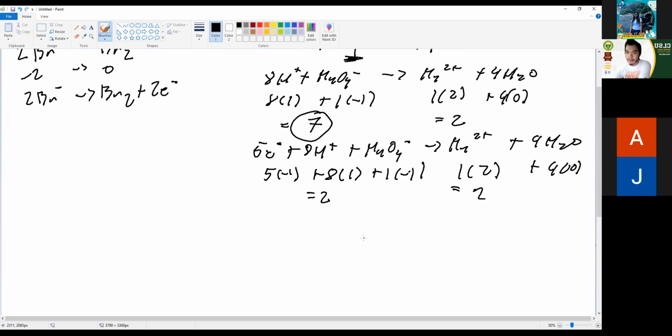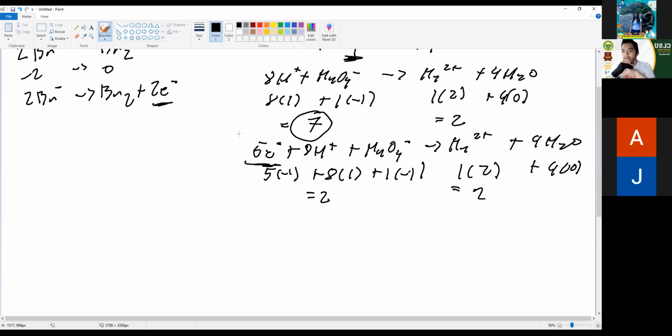Ngayon, ang gagawin natin, ibabalance natin yung electrons ng both reactions. So, dito 2, dito 5. Paano mag-i-equal? Ang suggestion ko is, ang i-multiply nyo palagi, whole number. Sir, pwede naman na i-multiply yung 2.5 dun sa bromine half reaction. Oo, pwede.